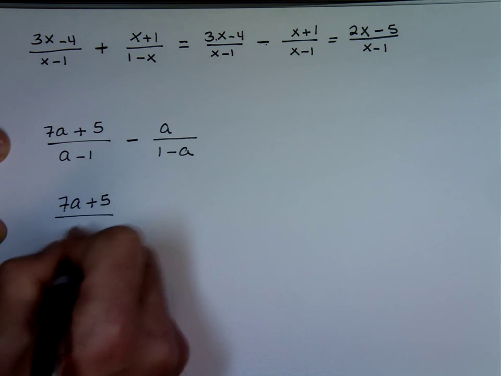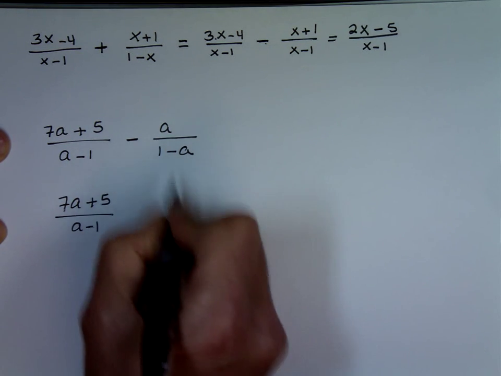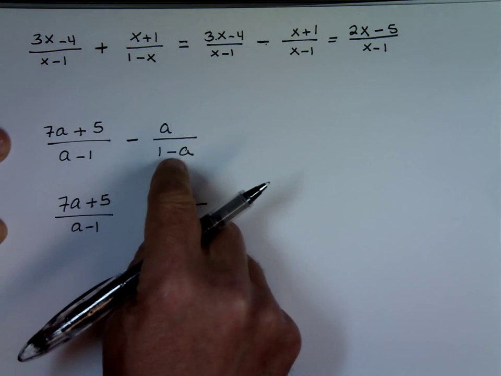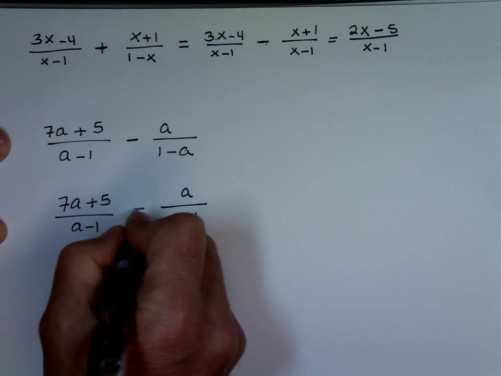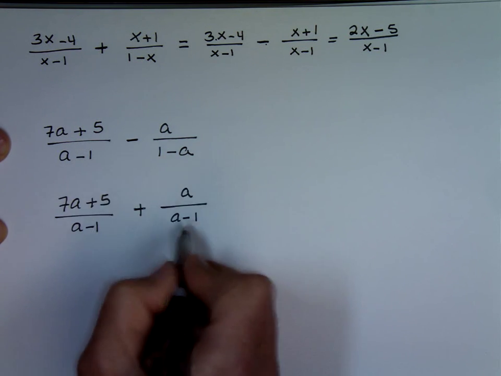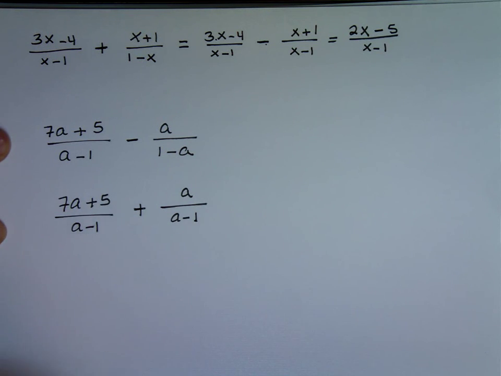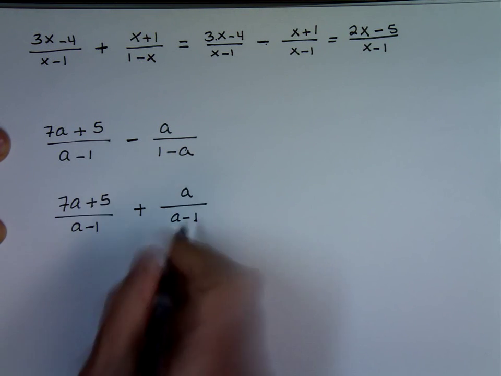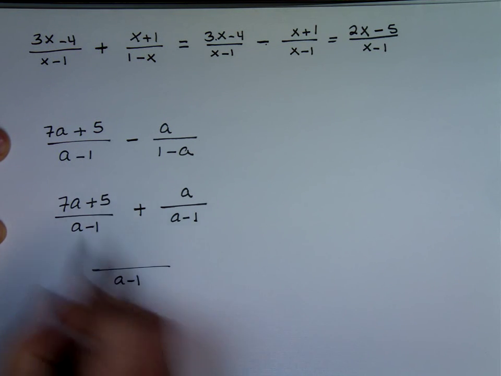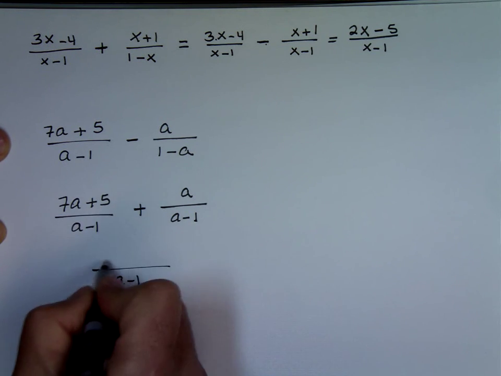Flip that one. I'm only flipping the bottom and changing that sign. It was a minus, becomes a plus, and you flip that one, a minus 1. Leave the top alone, the way it is. Now these two are the same. What is 7a plus a? 8a plus the 5.